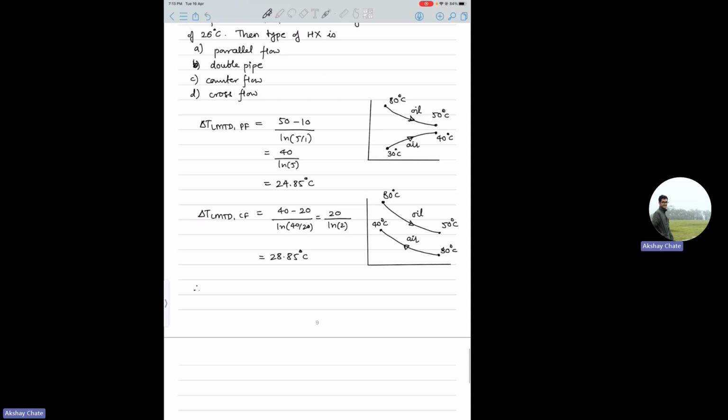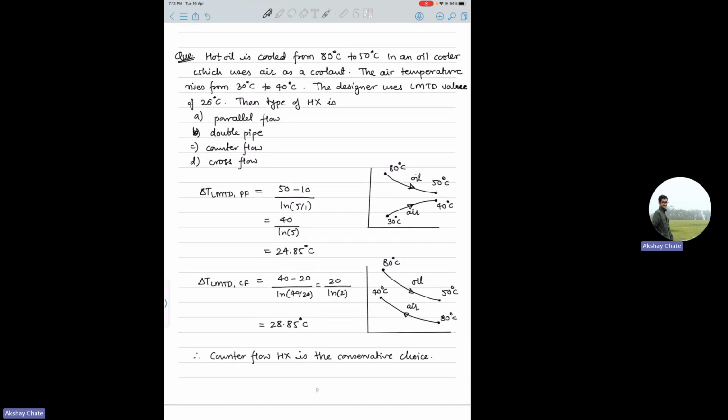Therefore, counter flow heat exchanger is the conservative choice. So it's not just calculating, it's about using that information to solve the question that is also important. So here the C option should be correct, which is counter flow, because parallel flow is giving lesser LMTD, and cross flow there is no correction factor mentioned, so you cannot assume it arbitrarily.